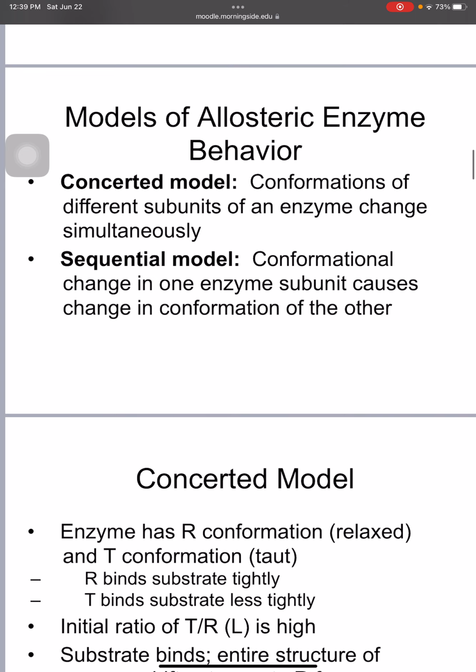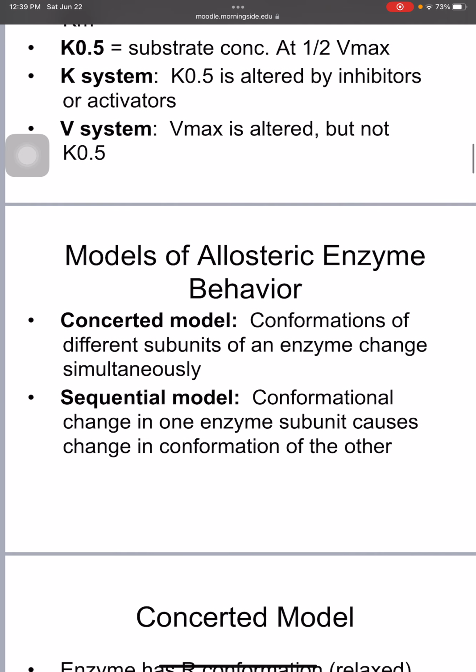All right. So let's take a look at the major models, and there are going to be two major models of allosteric enzyme behavior. These are referred to as the concerted model and the sequential model. Again, let's take a step back and remind you of the whole point of allosteric enzymes.